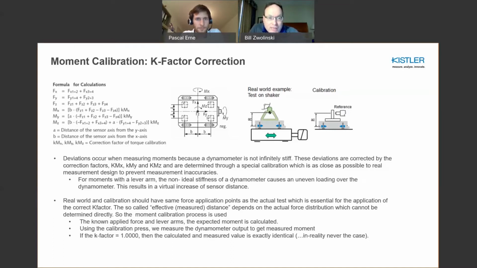to determine these K factors. And basically, the concept here is when moments are applied through a lever arm, the non-ideal stiffness of the dynamometer causes uneven loading over the sensors of the dynamometer. And this results in a virtual increase of sensor distance.